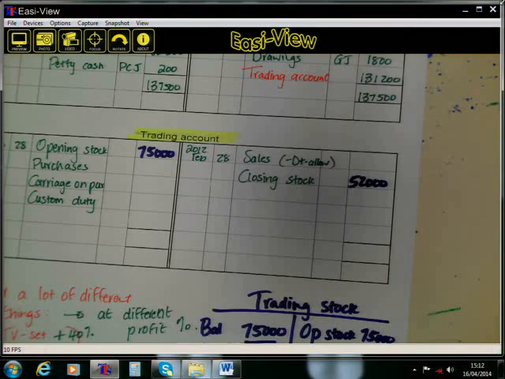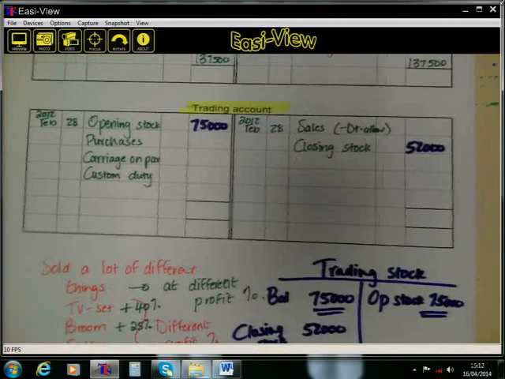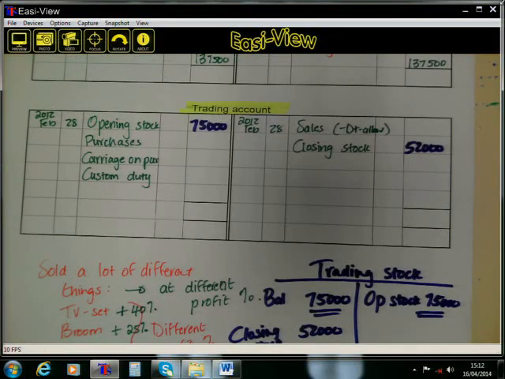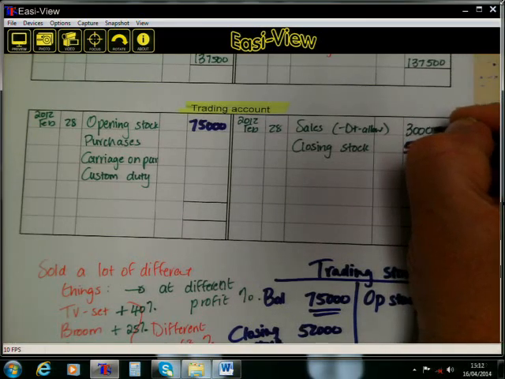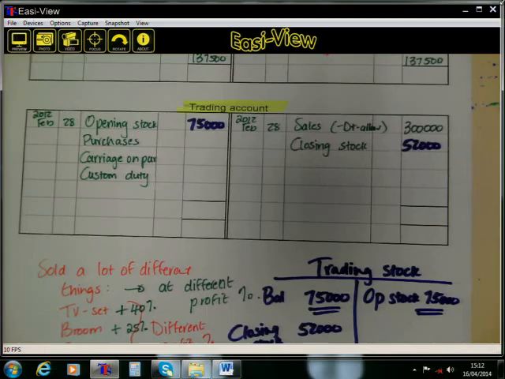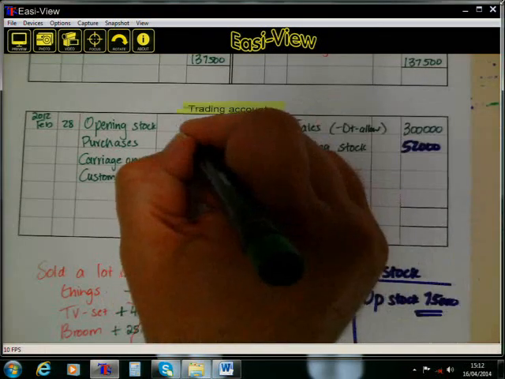So the trading stock account you open with a balance. That balance is your opening stock. At the end of the year, you're going to take it to your trading account, and then the 52,000 is the closing stock at the end of the year. You will remember that the sales was 300,000 rand, and we've got the purchases, 131,200.